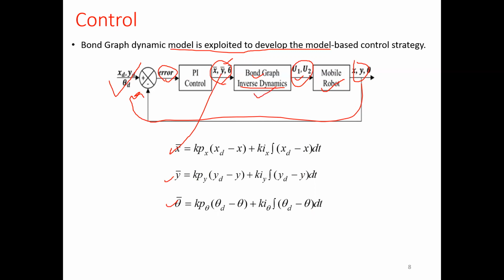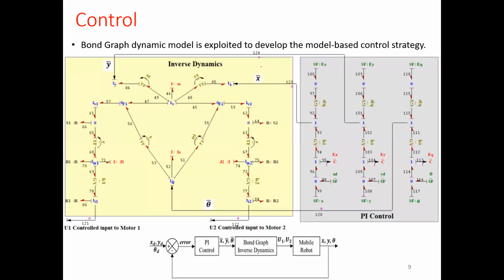So how do we develop this inverse dynamics? This is the model-based control strategy, where first of all we calculate X bar, Y bar, theta bar, which are coming from the PI controller. For the PI controller, we provide some desired values: the desired value of X, of Y, and of theta. From the PI controller, we are able to calculate X bar, Y bar, and theta bar.